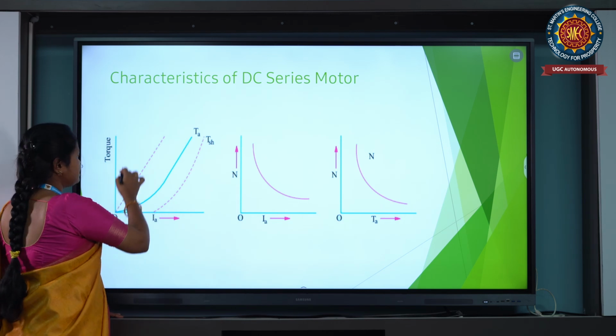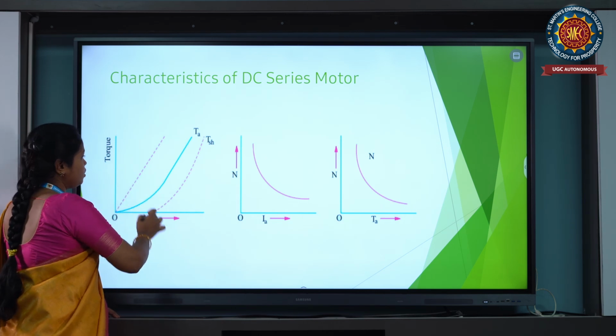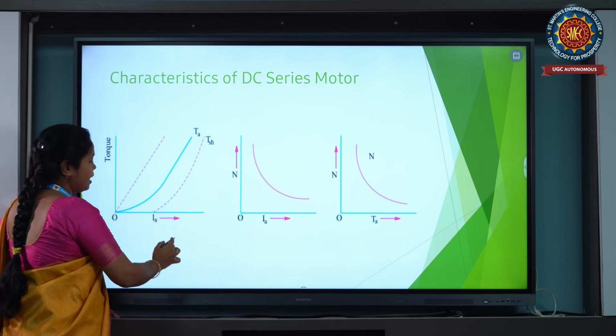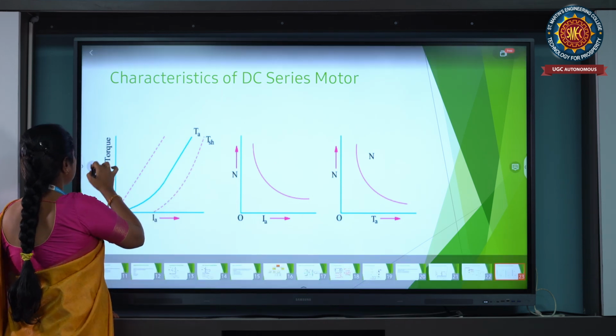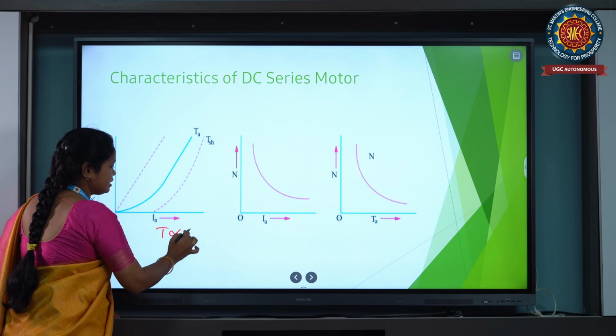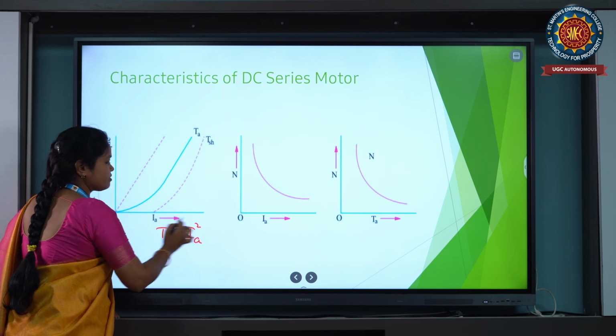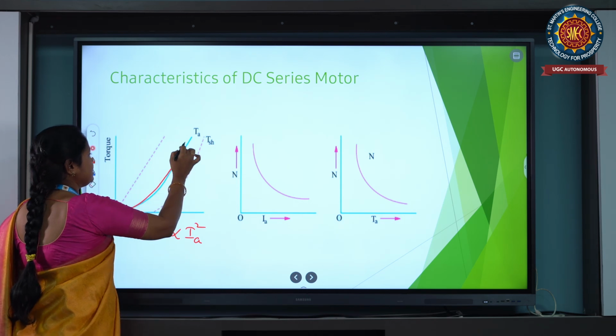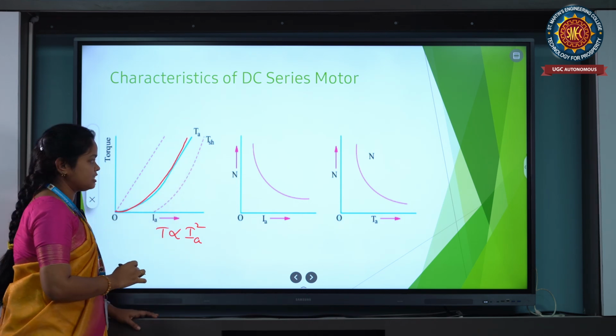And next, these are the graphs. Torque versus armature current in a DC series motor: because in DC series motors torque is directly proportional to Ia square, it is increasing rapidly up to a particular saturation.